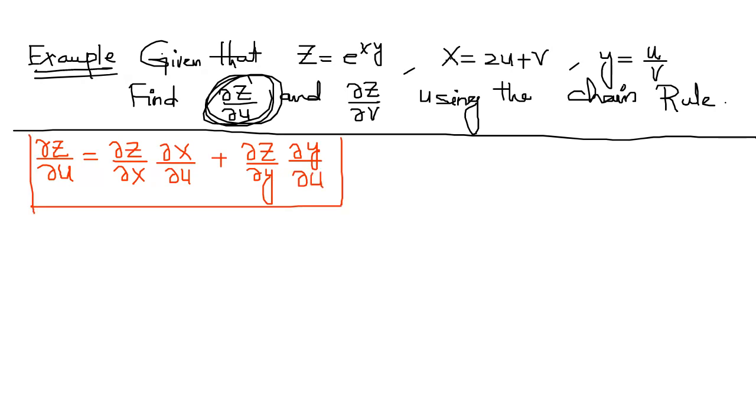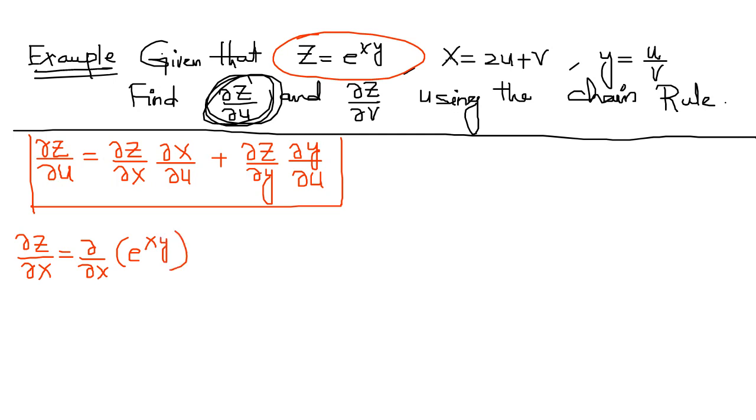Okay, now z is given. What is the partial derivative of z with respect to x? Anybody can tell me? And z is e power xy. What is the partial derivative of this one with respect to x?